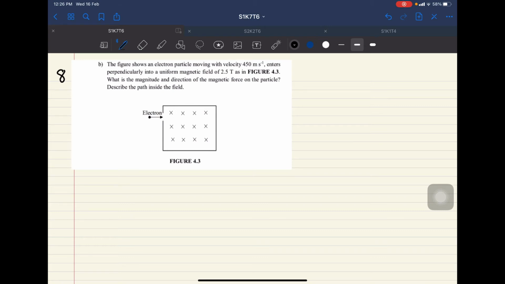So if you want to calculate the magnitude and the direction of force, you can use F equals QvB sine theta. This one involves an electron, so the charge will be equal to 1.6 times 10 negative 19.